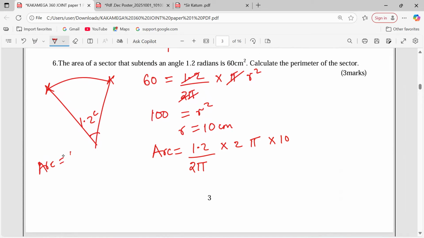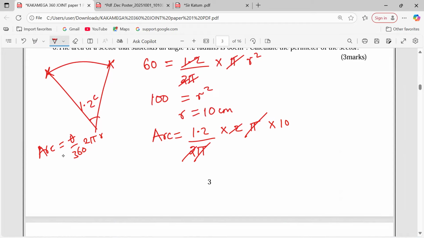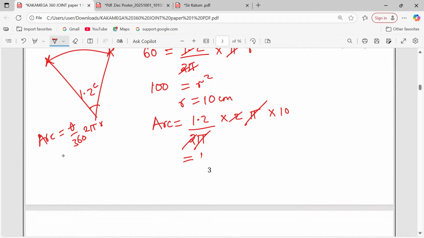Arc equals beta over 360 times 2 pi r. So the beta we are using now is in radians. So we also use 1.2 in radians over the equivalence of 360, which is 2 pi radians. So pi cancels, even in the formula. 2 also cancels. We get 12 centimeters.